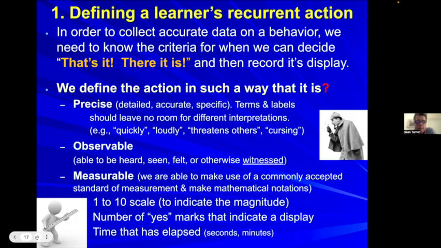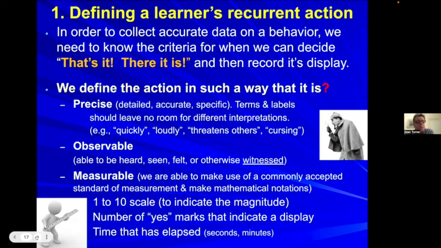So both the parents and the students that participate, and teachers that participate in the IEP, understand the goals and the actions that you're looking at, and they can support that in their classrooms. Observable means able to be heard, seen, felt, or otherwise witnessed. Measurable means that on a scale of 1 to 10, we can measure that. There's some way to measure it.